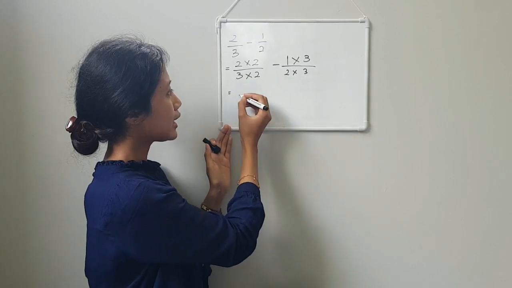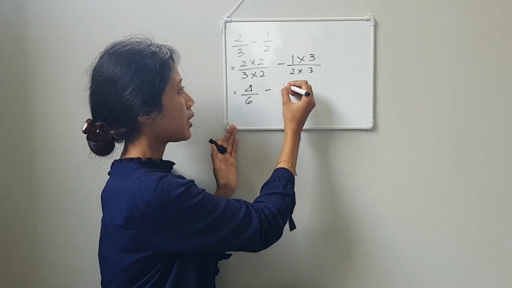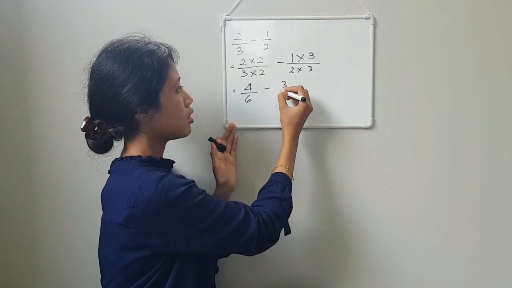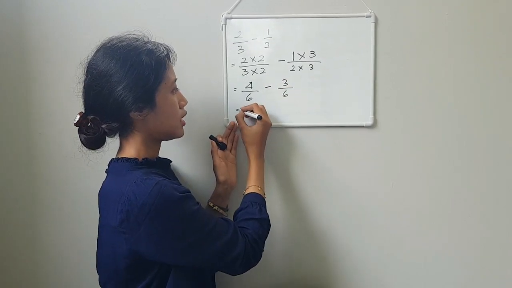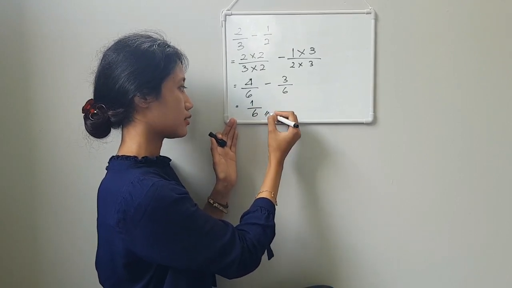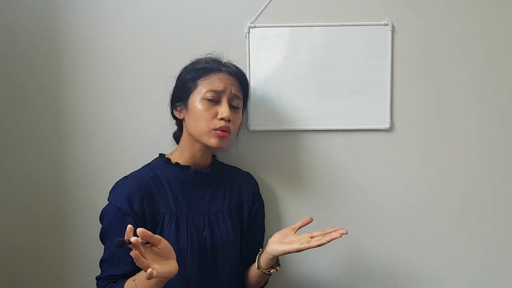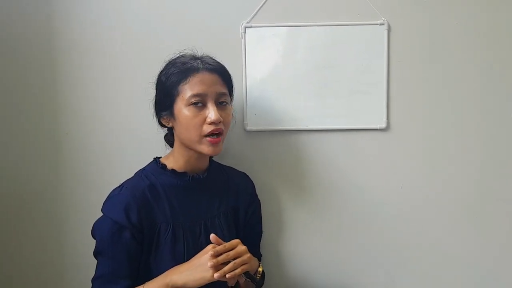And when you count that, you get 4 over 6 minus 3 over 6, and the answer is 1 over 6. So easy.